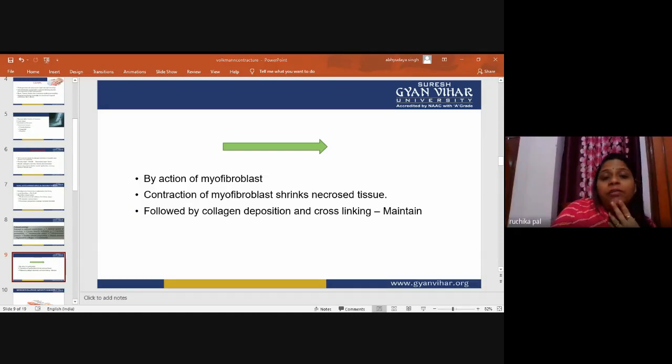Then by the action of myofibroblasts, contraction shrinks the necrosed tissues, followed by collagen deposition and cross-linking. So these are the things involved in the pathophysiology.